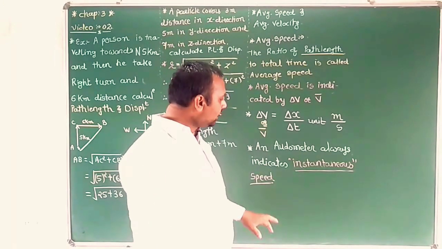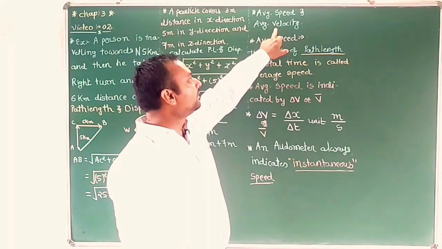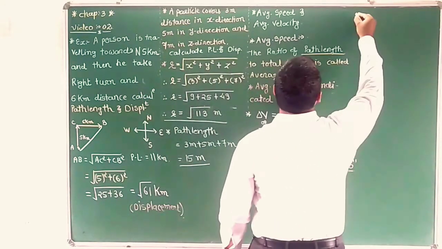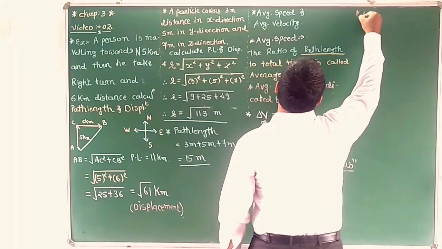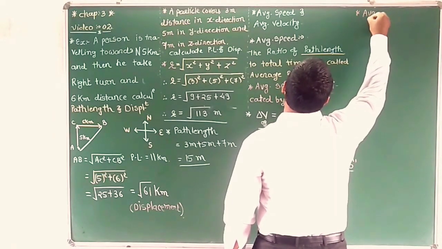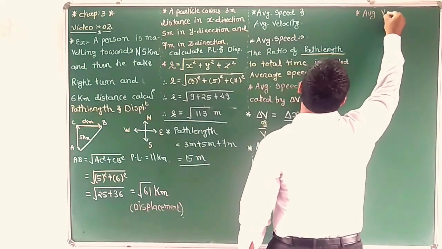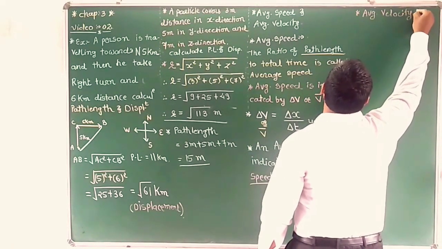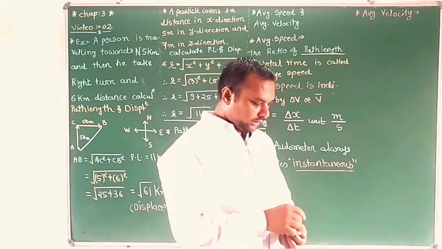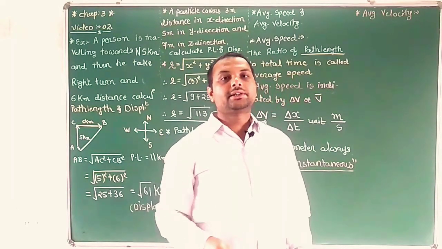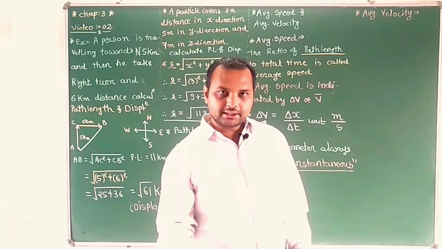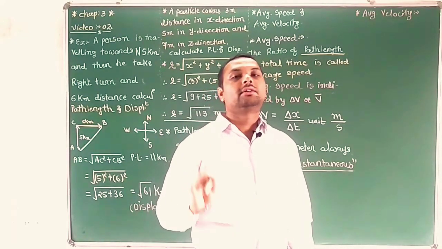So next is our average velocity. What is average velocity? By the definition, it is the ratio of displacement to the interval of time.